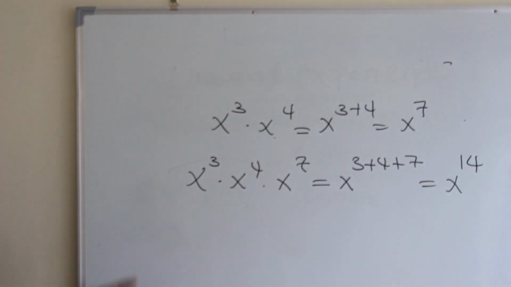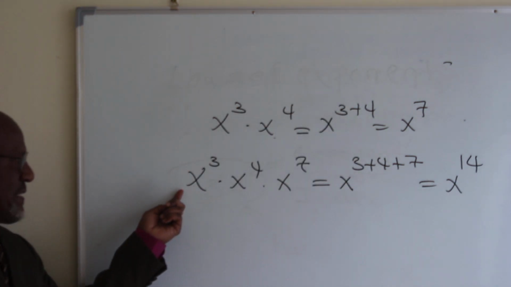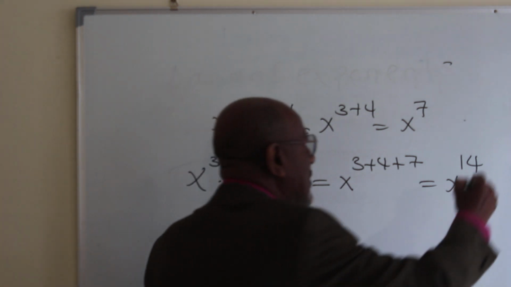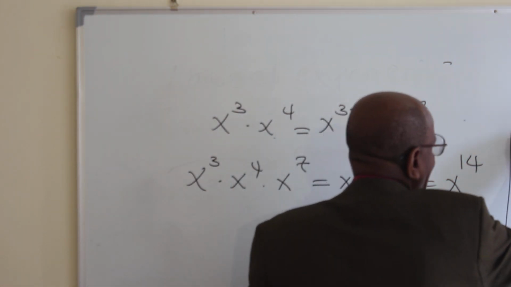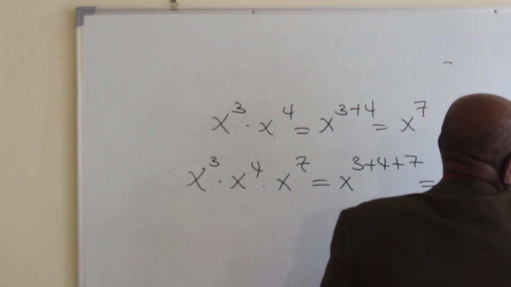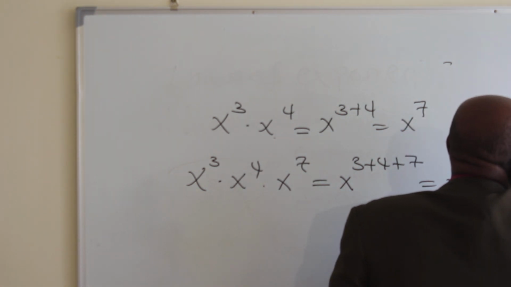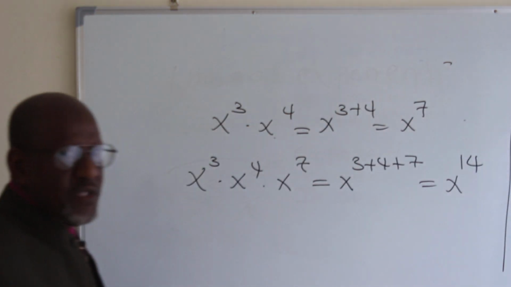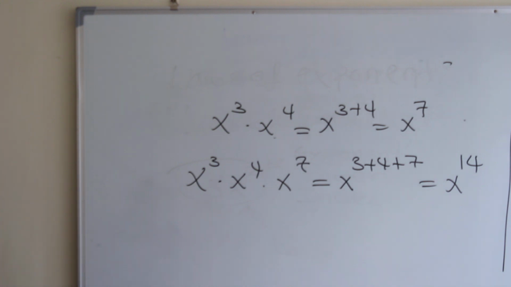So the rule is, terms of the same base, when multiplied, we add the exponents. So we can write a general rule that says if we have x to the n times x to the k, it is x to the n plus k, where n and k are numbers. So that's our first rule.